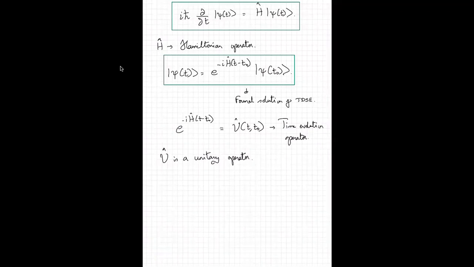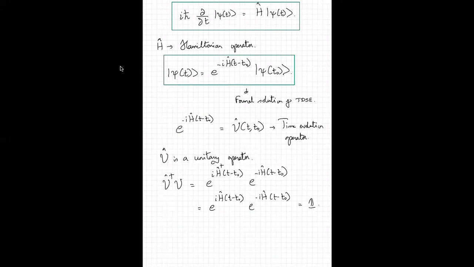In other words, U dagger U would be equal to e to the iH dagger times t minus t0, times e to the minus iH t minus t0, right? But since H is a Hermitian matrix, H dagger is the same as H, so this is e to the iH t minus t0 times e to the minus iH t minus t0, which is the unit operator.